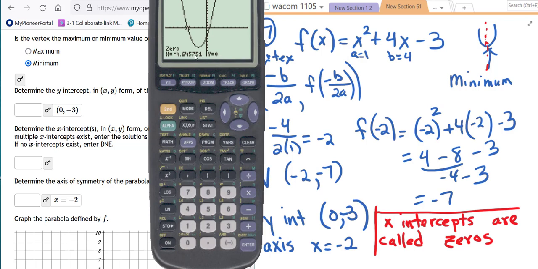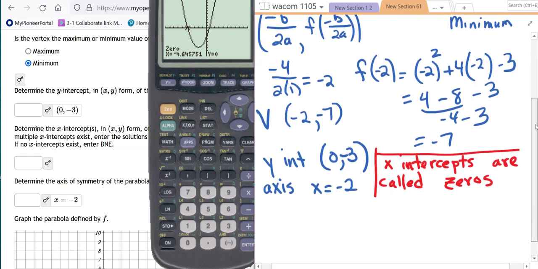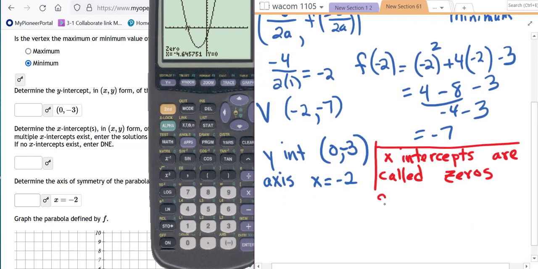My y here is 0. So I did second calc value. I chose 0, and then you do left bound, right bound, guess to get on there.